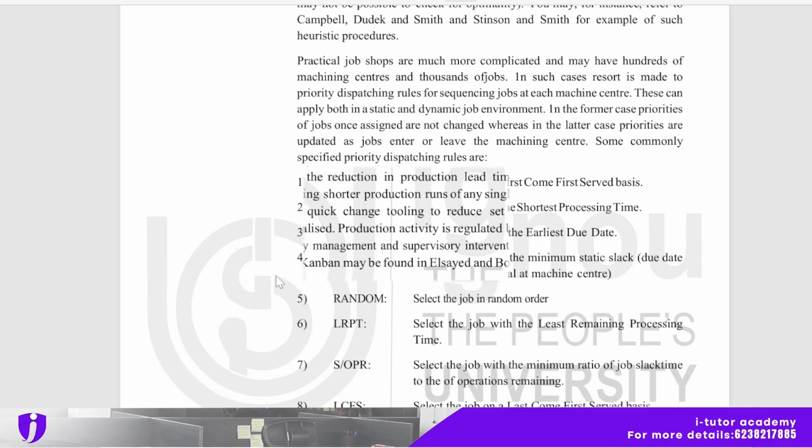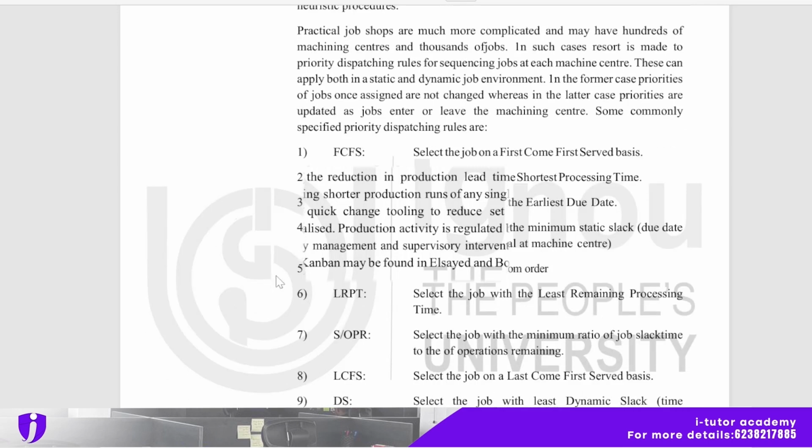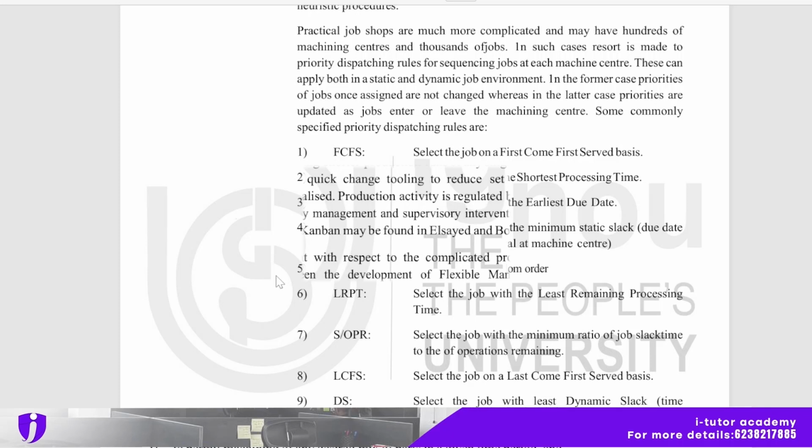In such cases, resort is made to priority dispatching rules for sequencing jobs at each machine center, and these can apply both in static and dynamic job environments. In the former case, priorities of jobs once assigned are not changed, whereas in the latter case priorities are updated as jobs enter or leave the machining center.